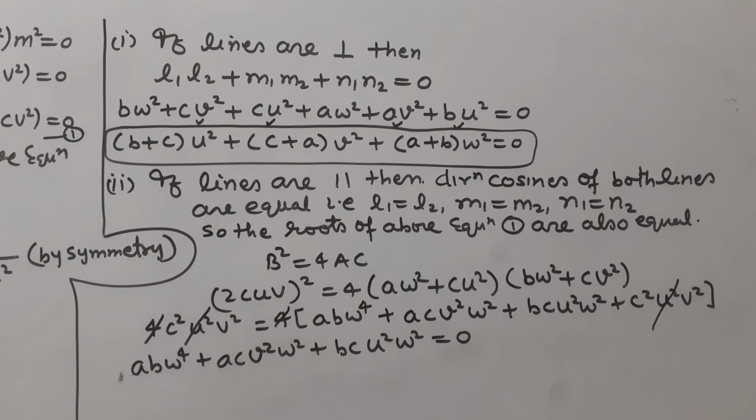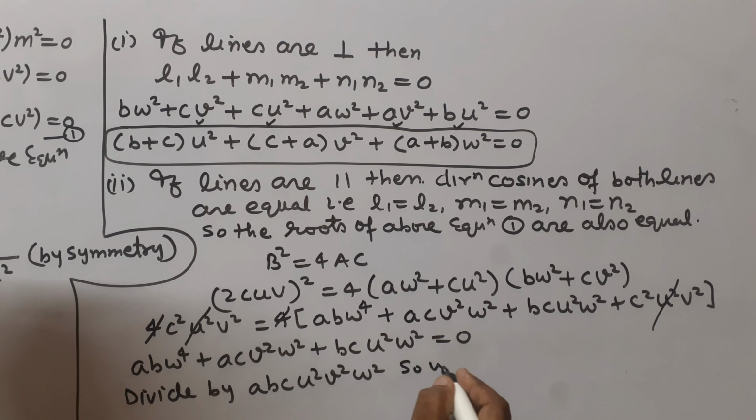Now we divide the whole equation by abc u square v square w square.